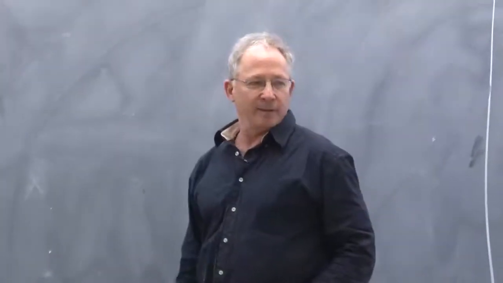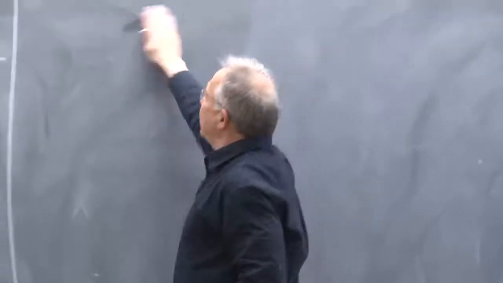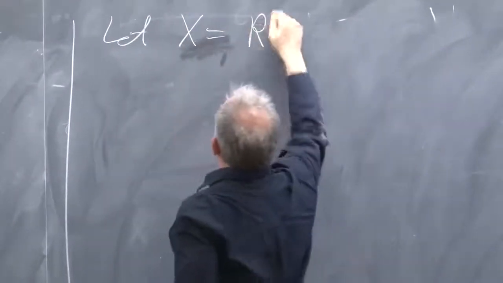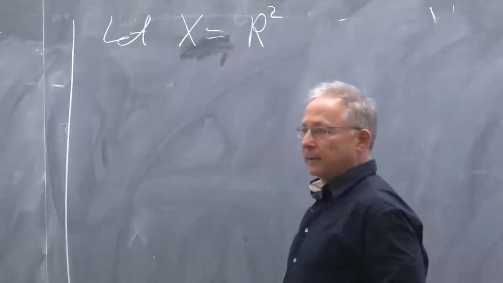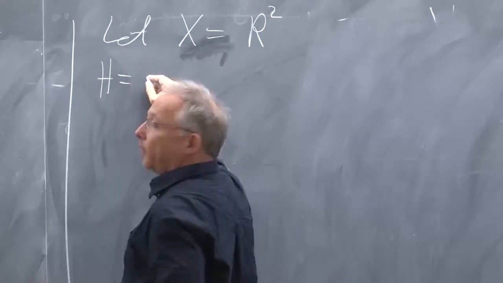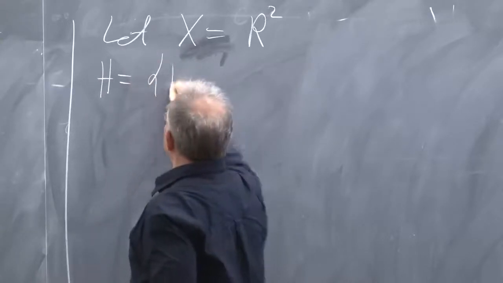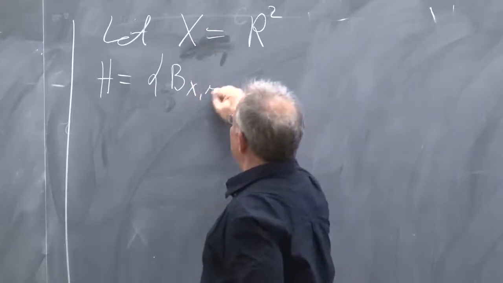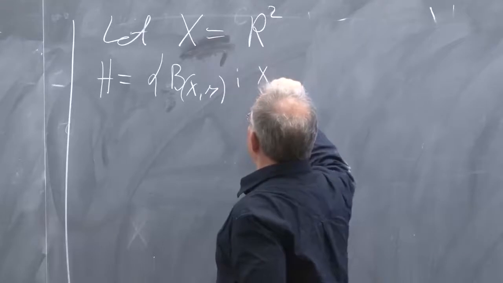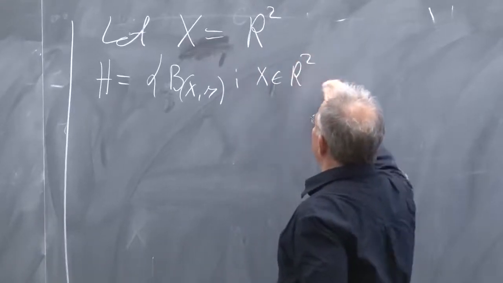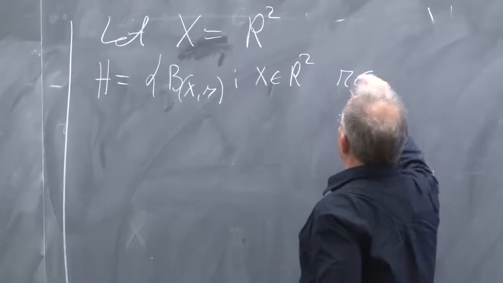Okay, so let's look at a little bit more interesting example. Let X be R², the plane, and H be the set of all balls. The set of all balls B(x,r) such that x is in R² and r belongs to R⁺.